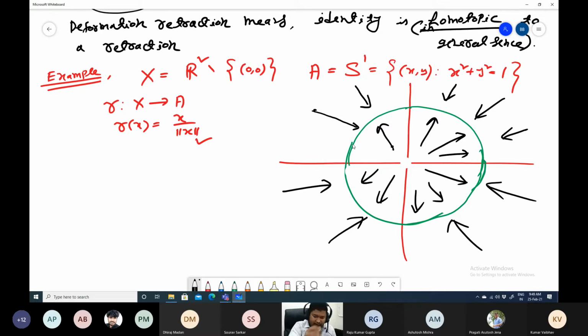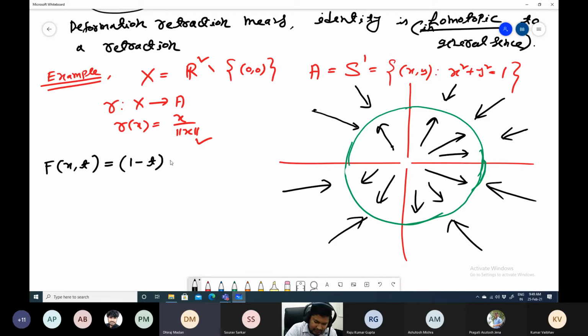Okay. Now, can you define one such deformation retraction F of x, t? Yes, we can take linear interpolation: t x plus (1 minus t) r x.